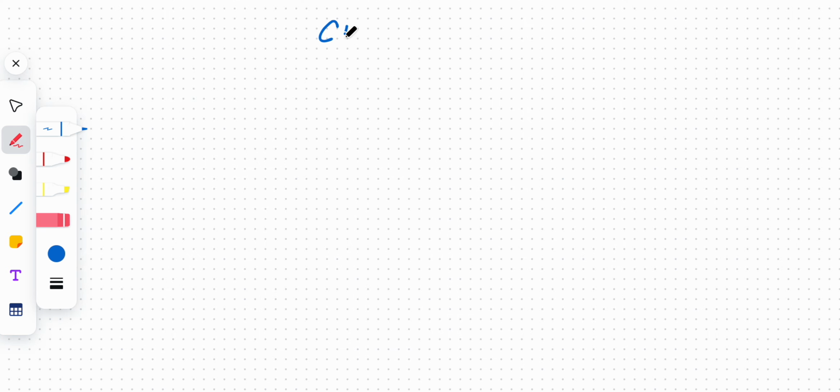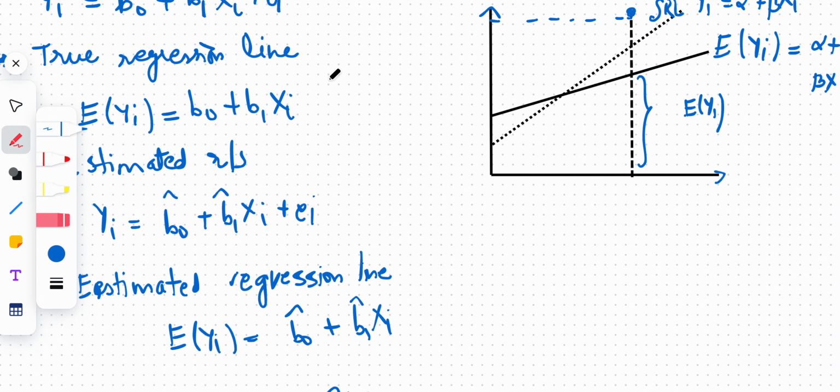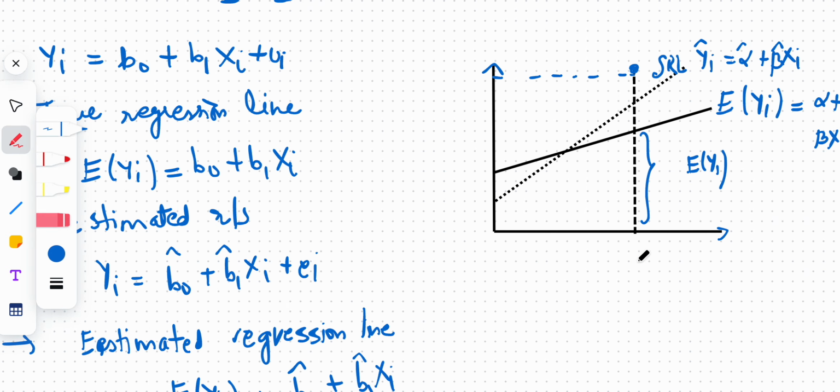Now this is CLRM. Wait, I think I figured it out. So this is my Xi and this is my A, B, right?